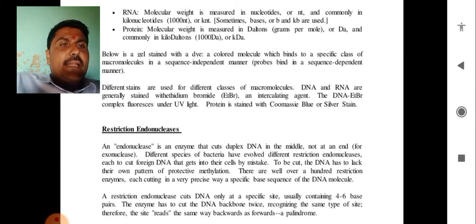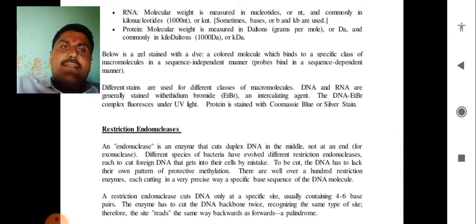Different species of bacteria have evolved different restriction endonucleases, each to cut foreign DNA that gets into their cells by mistake.